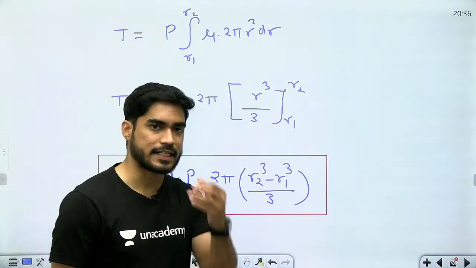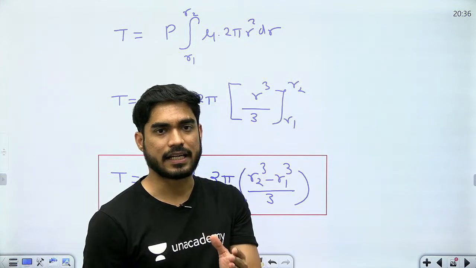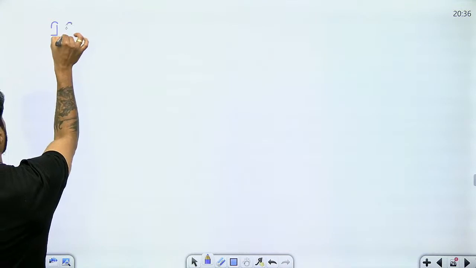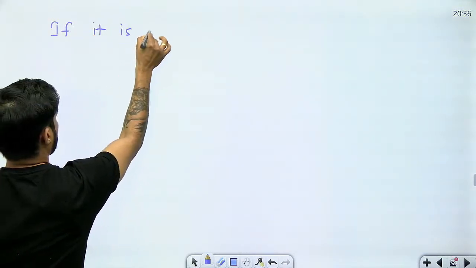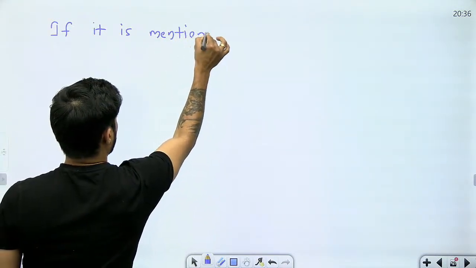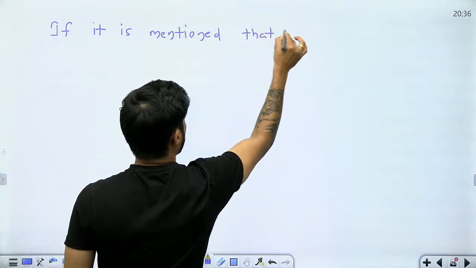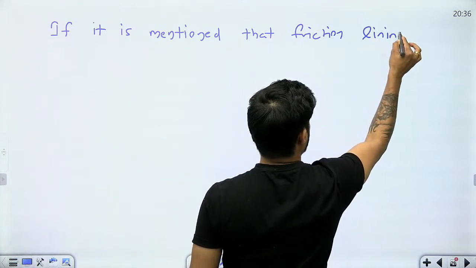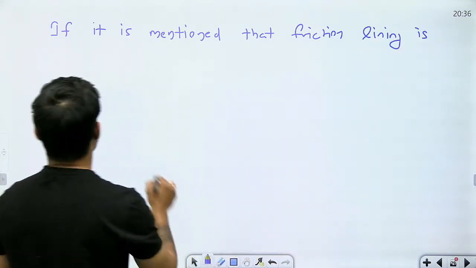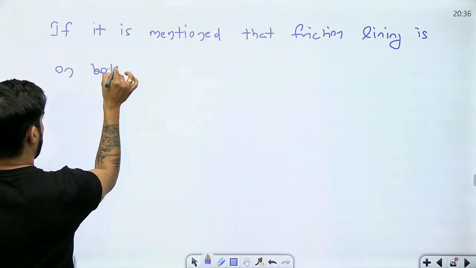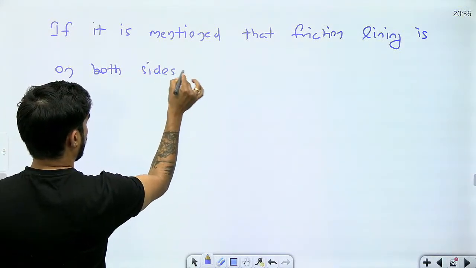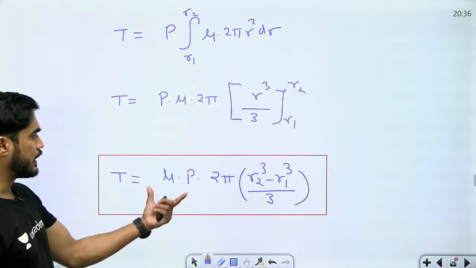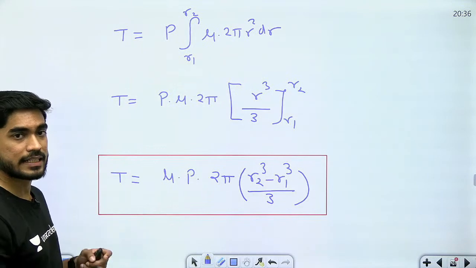But if it is mentioned that the friction lining is on both sides, then what will you do? This torque transfer will get doubled.